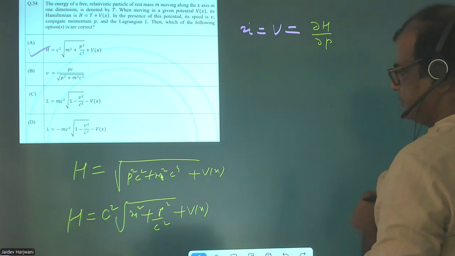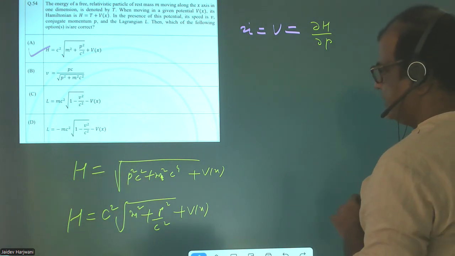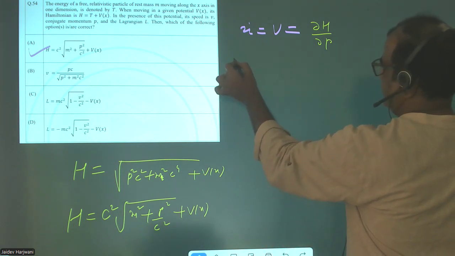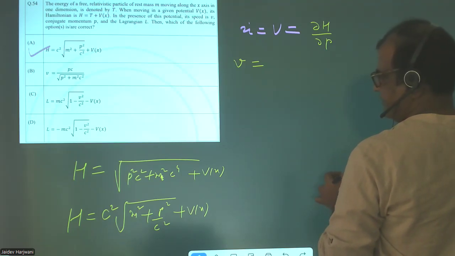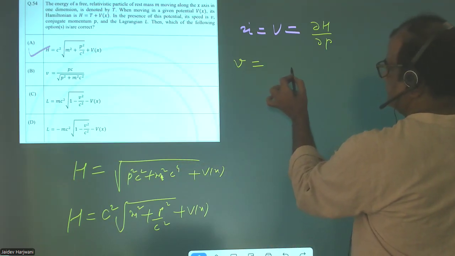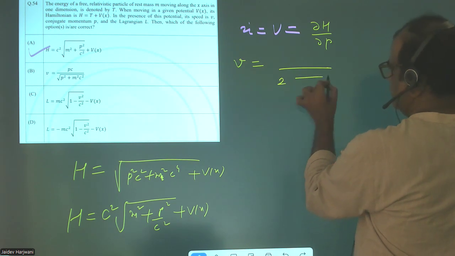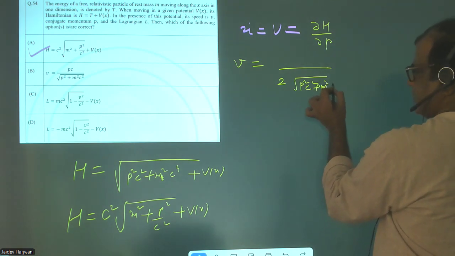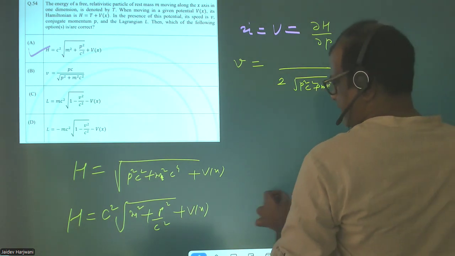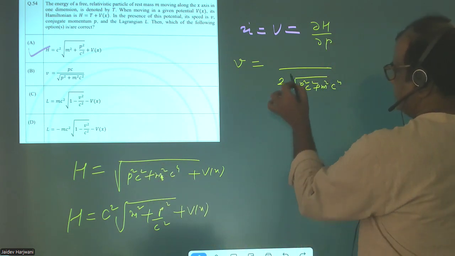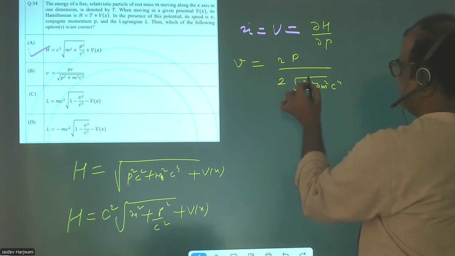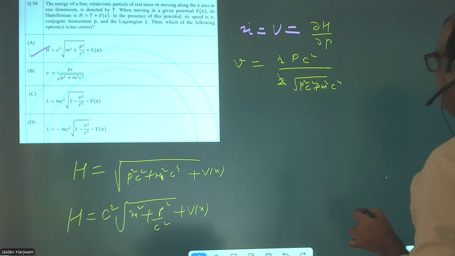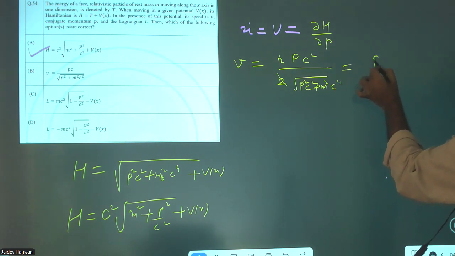So let me differentiate this H. V equals, if I differentiate the whole expression, 1 over 2 under root of p squared c squared plus m squared c to the fourth, and differentiating p squared gives 2p c squared. So the 2 cancels, giving p c squared.